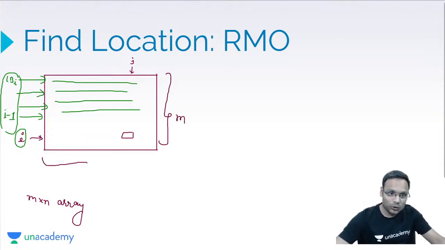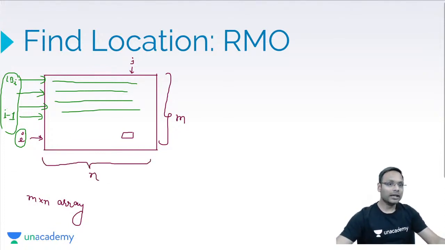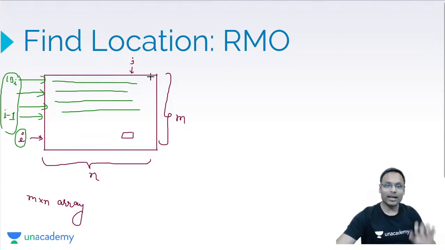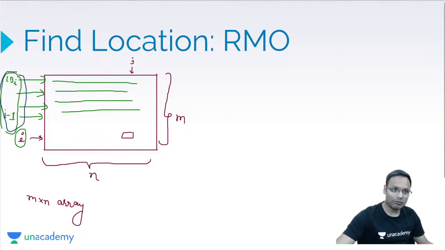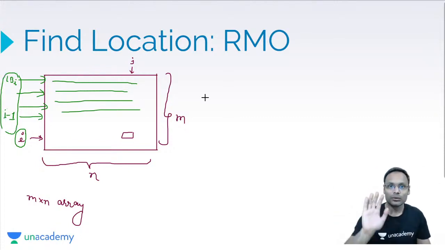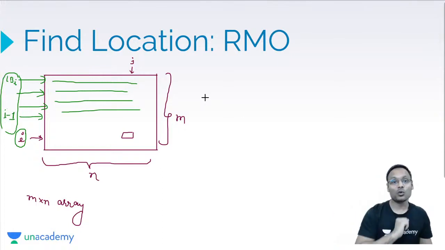In each row you can have n elements. What I will do is, within the first row I am storing n elements, in the second row I am storing n elements, in the third row I am storing n elements. In all these rows I am storing n elements. Complete rows. Yes.